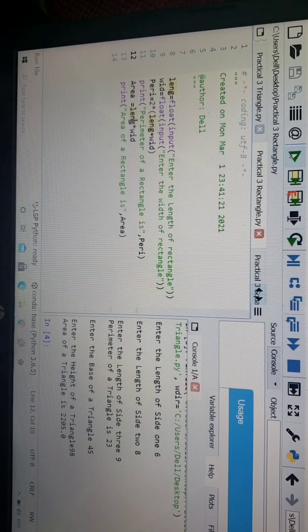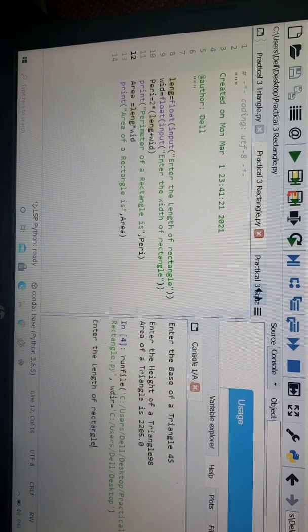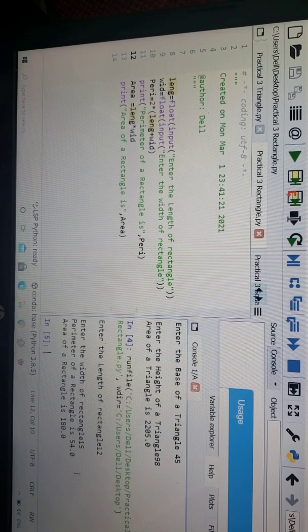Run this program. So here I need to enter length and then width. Perimeter and area will be calculated according to the length and width given by us.